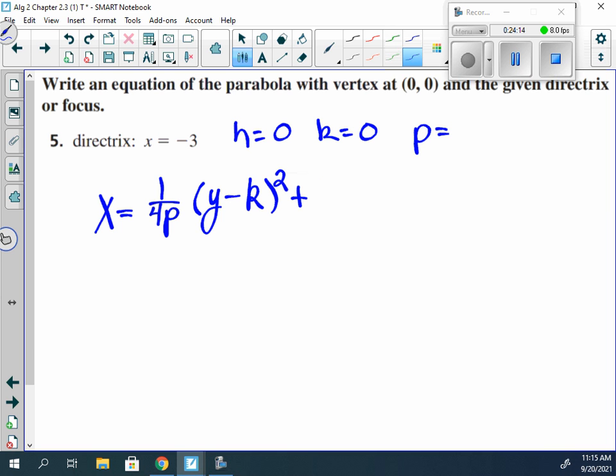K squared plus h. And this is something to be careful of, especially when solving. Now, it won't make a big difference today because h and k are both 0. So since they're both 0, even if you got them flipped on this one here, it won't make that big of a difference.